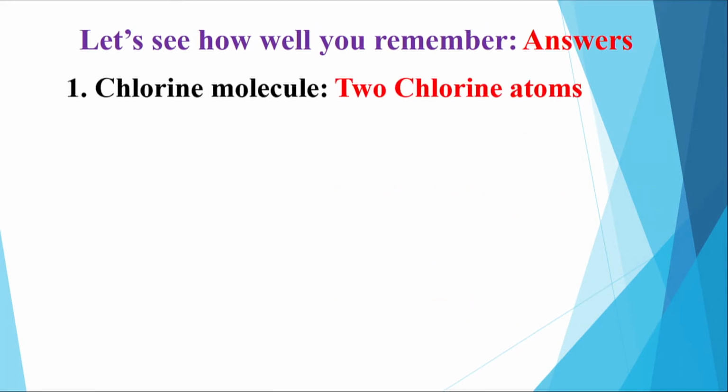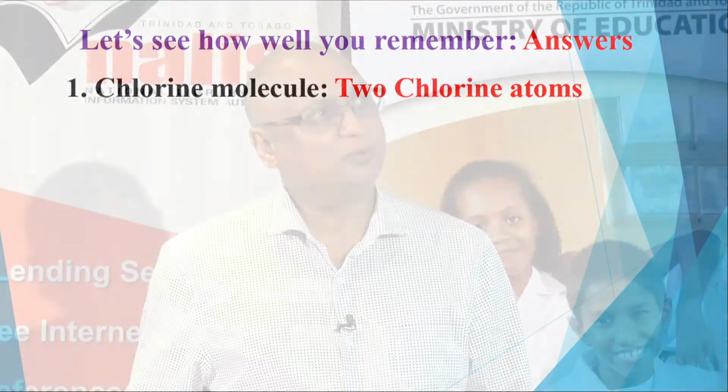So now let's look at the answers. A chlorine molecule contains two chlorine atoms. If you remember your definition for a molecule, you could have atoms of the same elements.